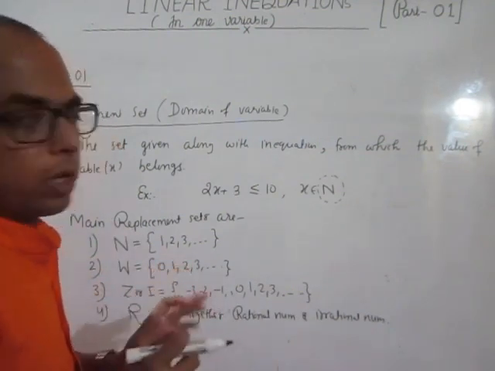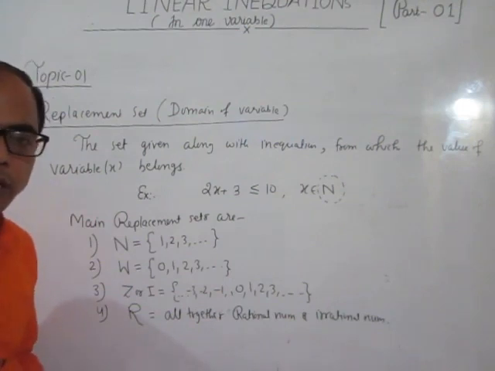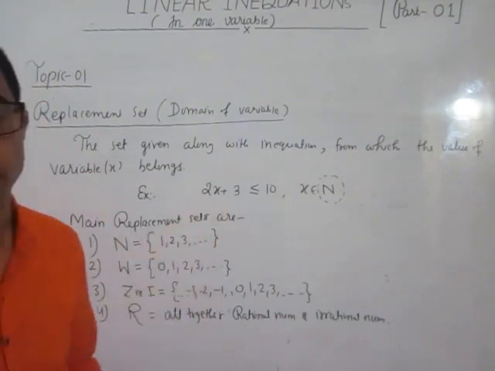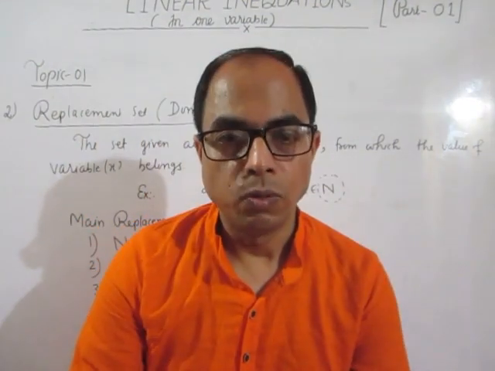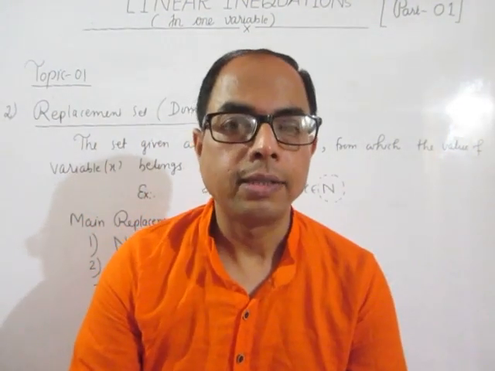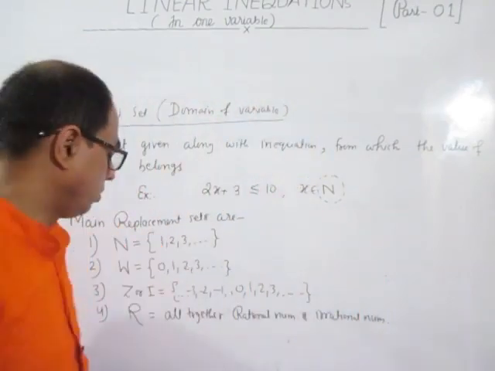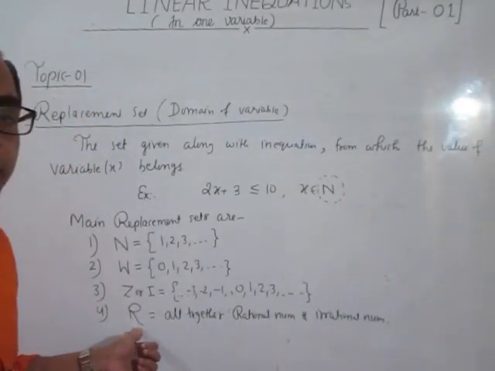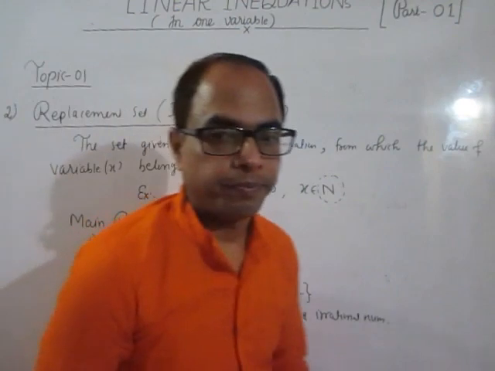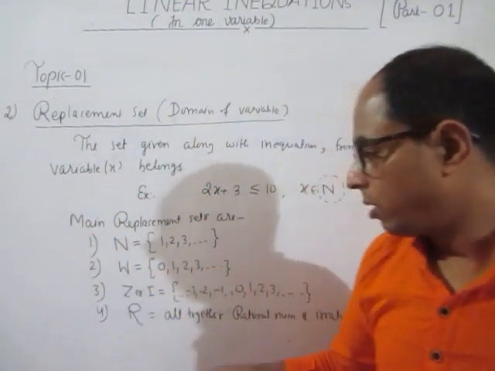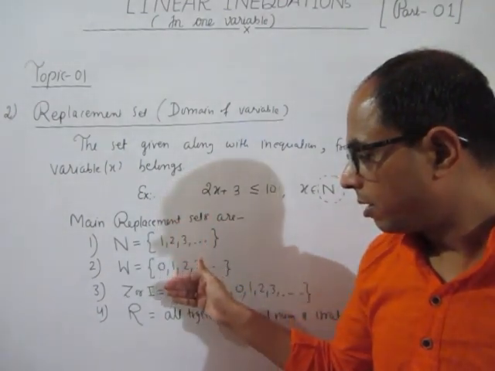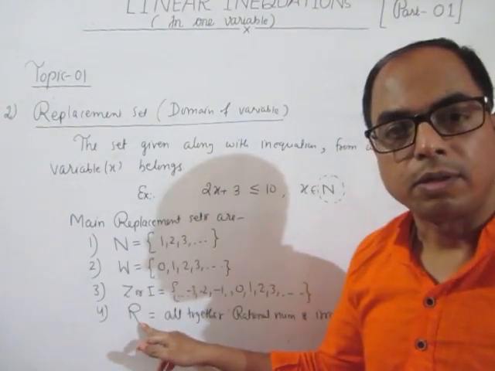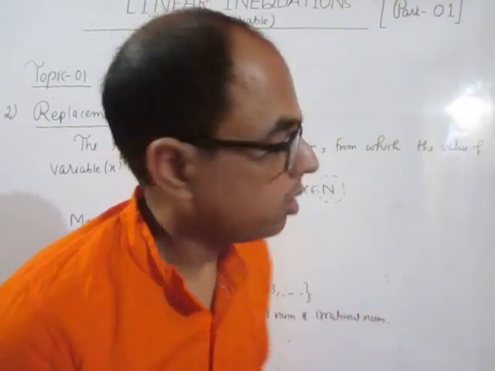Now you don't have to find the replacement set. In the question it will be given to you. Now if in case the replacement set is not given to you, then by default you will take the replacement set of real numbers. Why? Because the set of real numbers is the biggest set of numbers. All these numbers are present in the set of real numbers. Have you got this point?